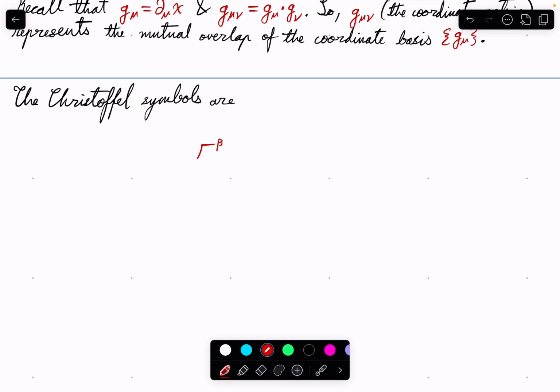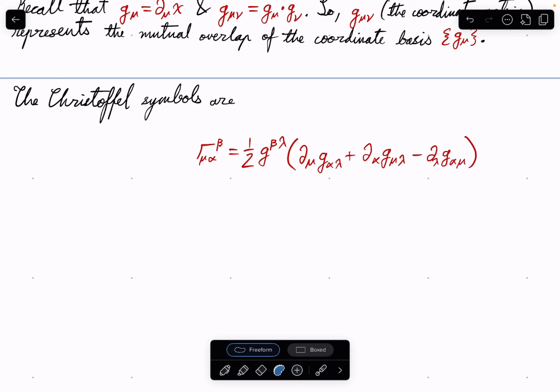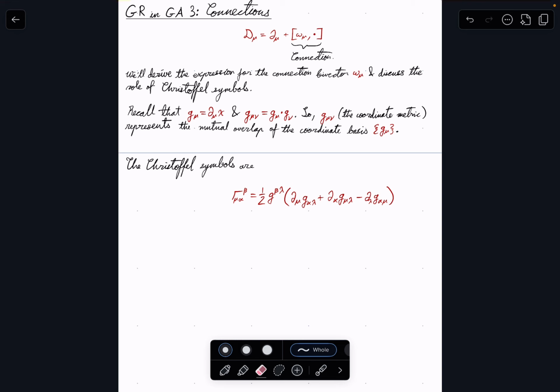You have gamma beta mu alpha, and this is defined as 1/2 times the inverse metric g beta lambda, and then you have partial mu, the derivative in the mu direction, of g alpha lambda, plus the derivative in the alpha direction of g mu lambda, and then minus the derivative in the lambda direction of g alpha mu, like so.